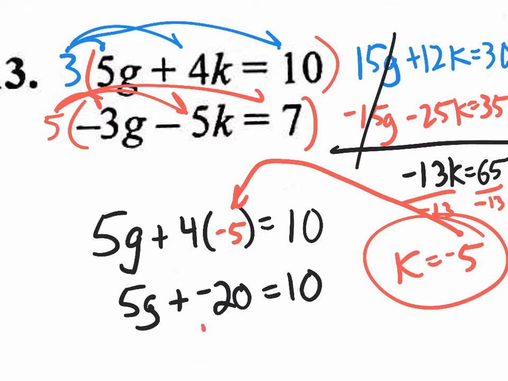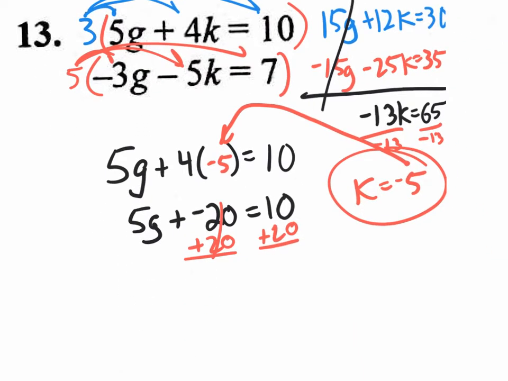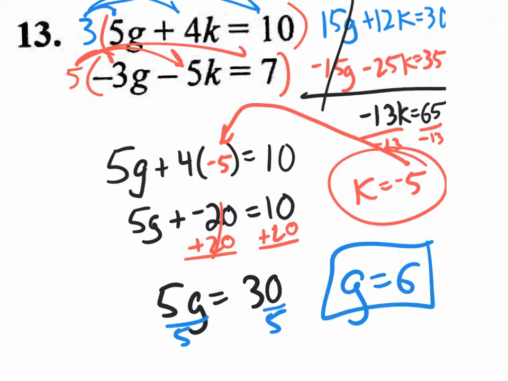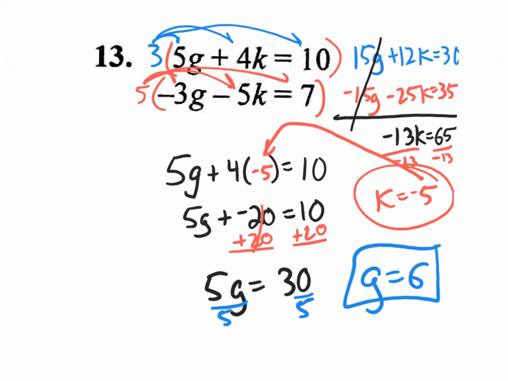To get rid of the negative 20, you add 20 to both sides. We're going to end up with 5g equaling 30. So if I divide both sides by 5, we'll get g equals 6. So the final answer, in ordered pair format, alphabetical order that is, would be 6, negative 5.